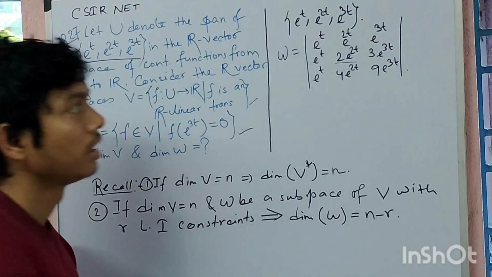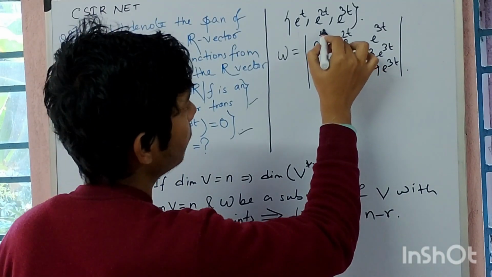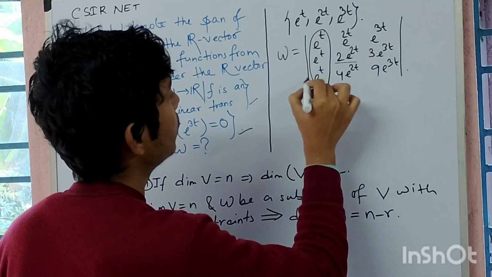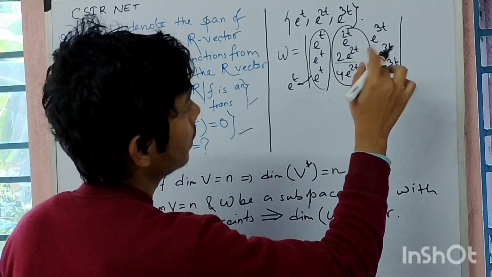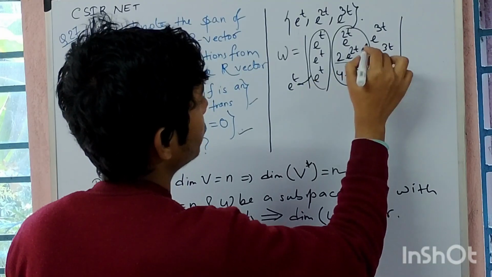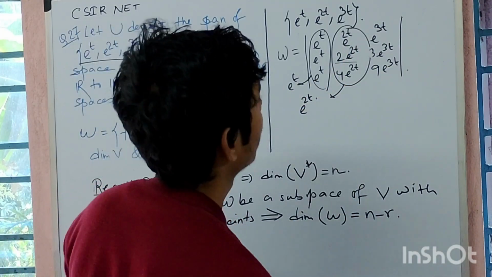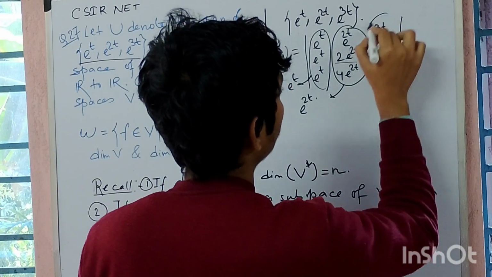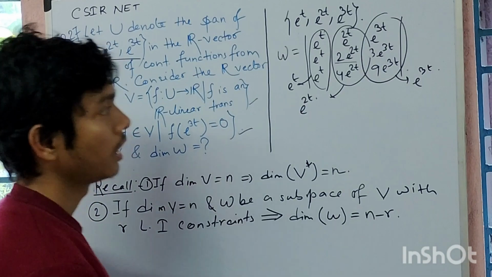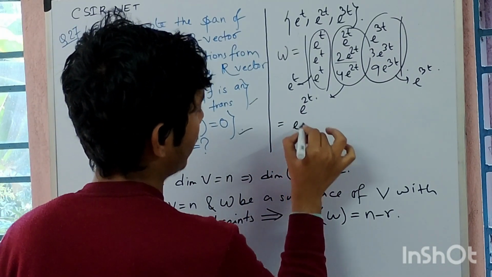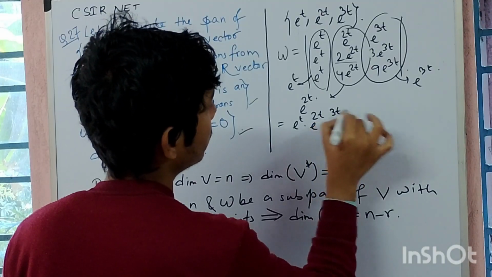Now find its determinant. From the first column take common e to the power t, from the second column take common e to the power 2t, and from the third column take common e to the power 3t.